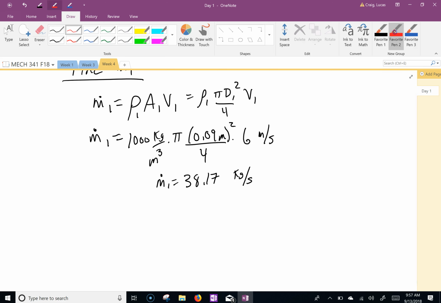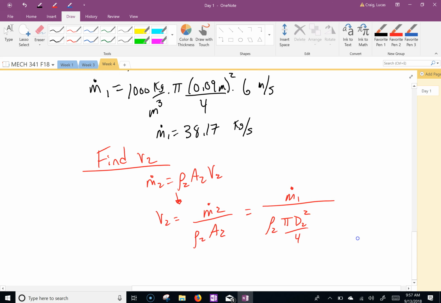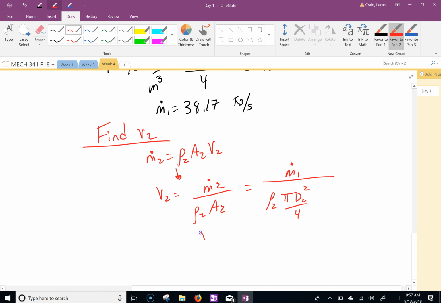Okay, now we can find V2. So we know that m dot 2 is rho 2 A2 V2. We'll solve for V2. And just to save some time, you get 19.4 meters per second.